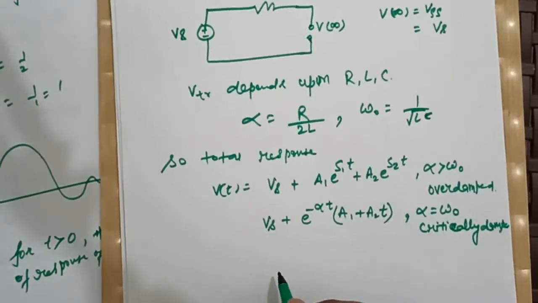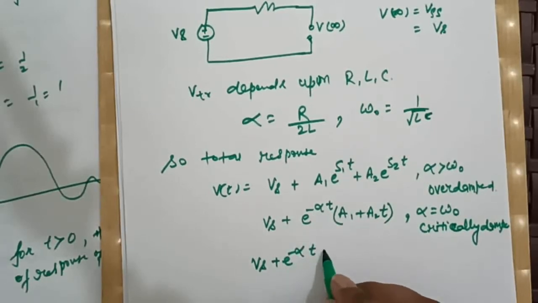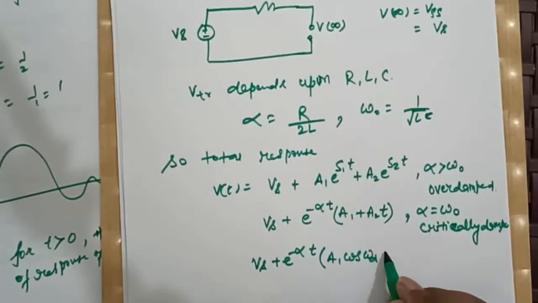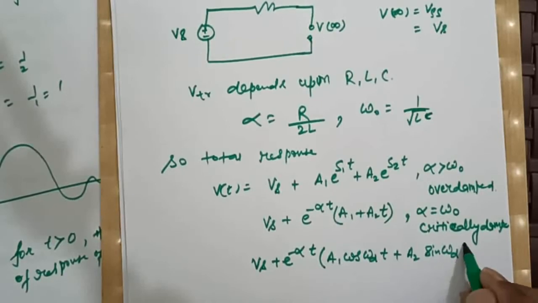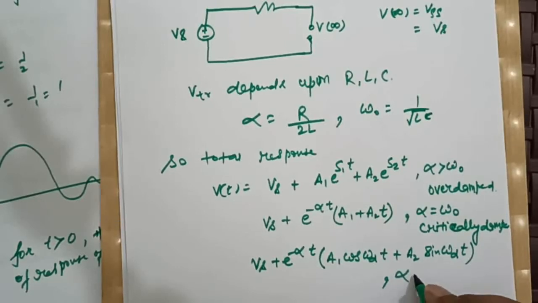And the third case is Vs plus e to the power minus alpha t (A1 cos omega d t plus A2 sin omega d t). This will occur when alpha is less than omega naught, and this is the case of underdamped.